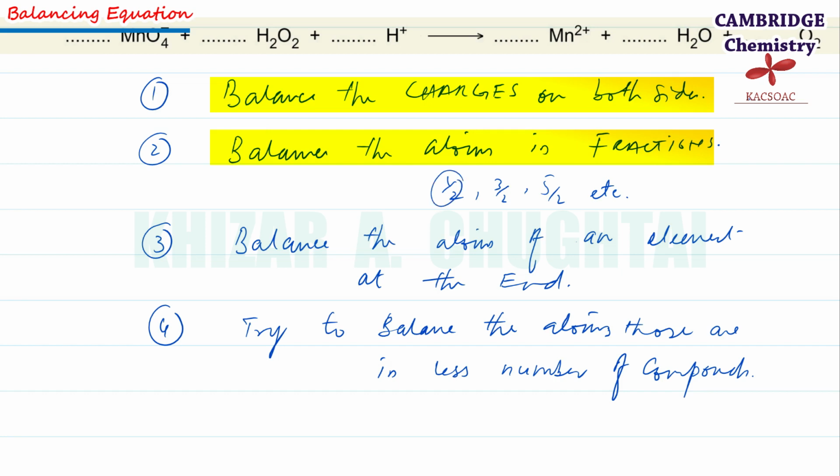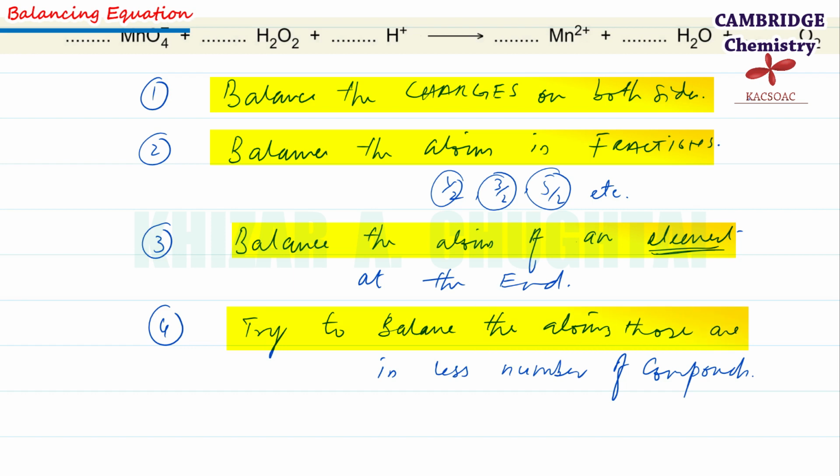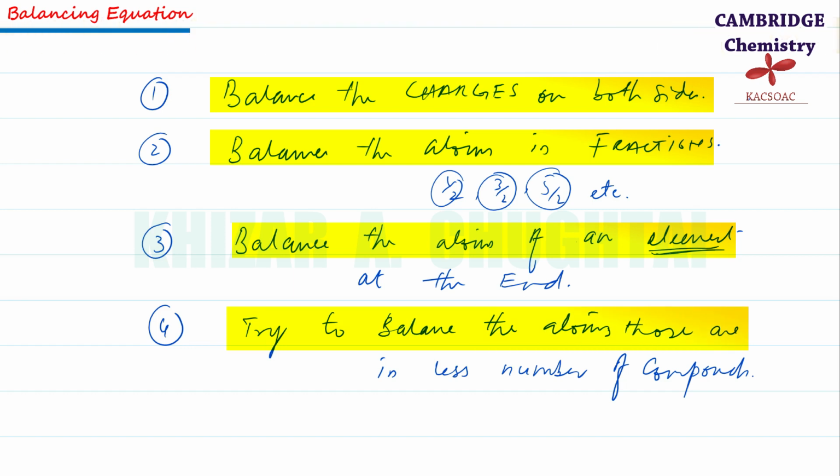You are allowed to put 1/2, 3/2, 5/2, etc. before the formula of compounds. Balance the atoms of an element at the end. If any element is present in the equation, it must be balanced at the end. And the last one is to try to balance the atoms that are in fewer compounds. And how these points can be applied, let me show you.